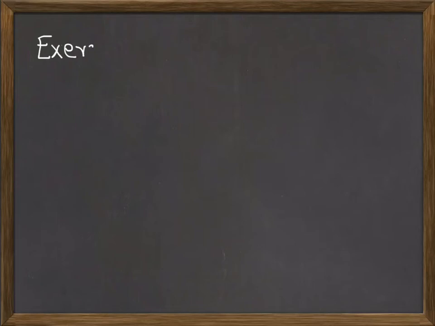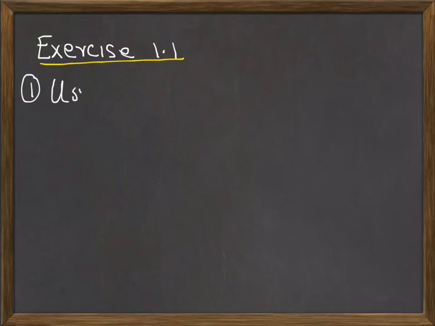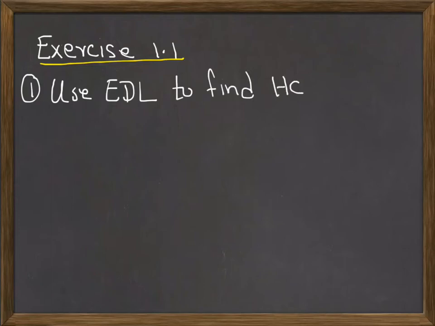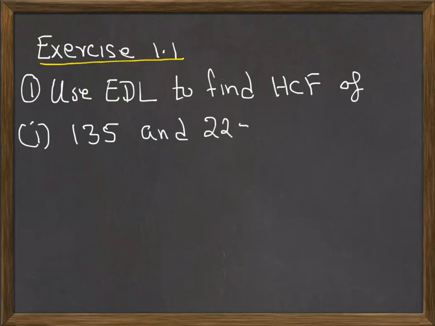Let's try this. Use Euclid's division lemma to find the HCF of 135 and 225. Now since 225 is larger than 135, we divide 225 by 135.